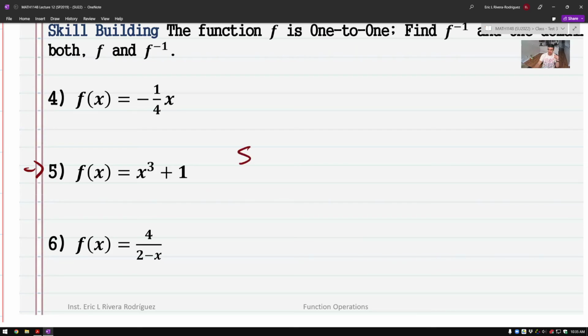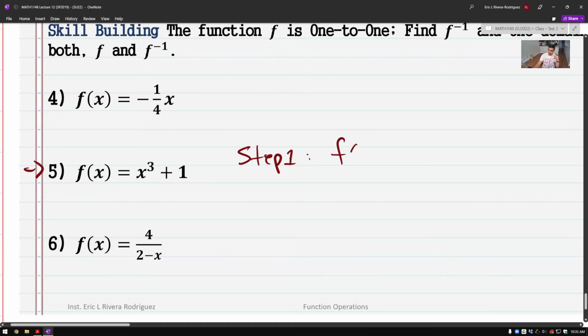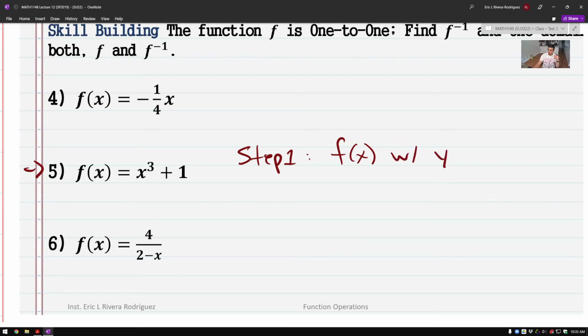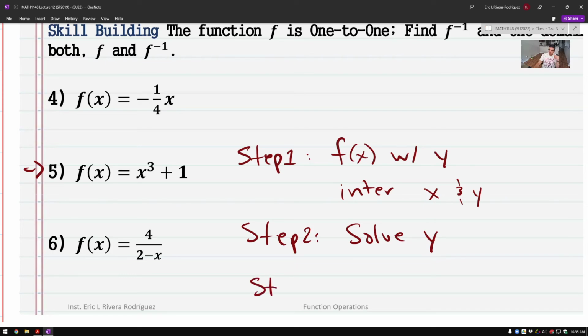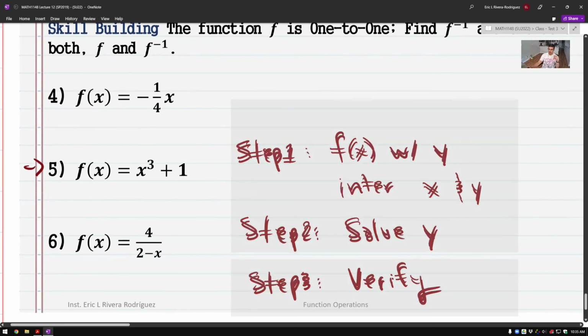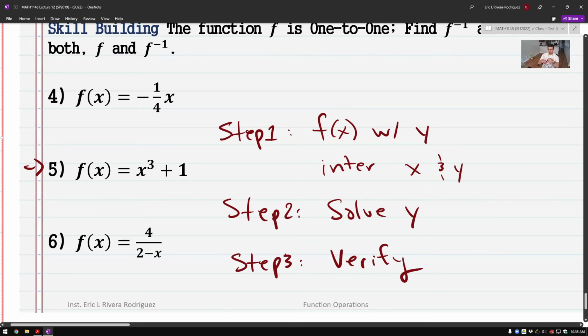Step number 1 is replace f of x with y, and then interchange x and y. Step number 2 is solve for y, and then step number 3, verification. Verify that the inverse function that you have found is correct.